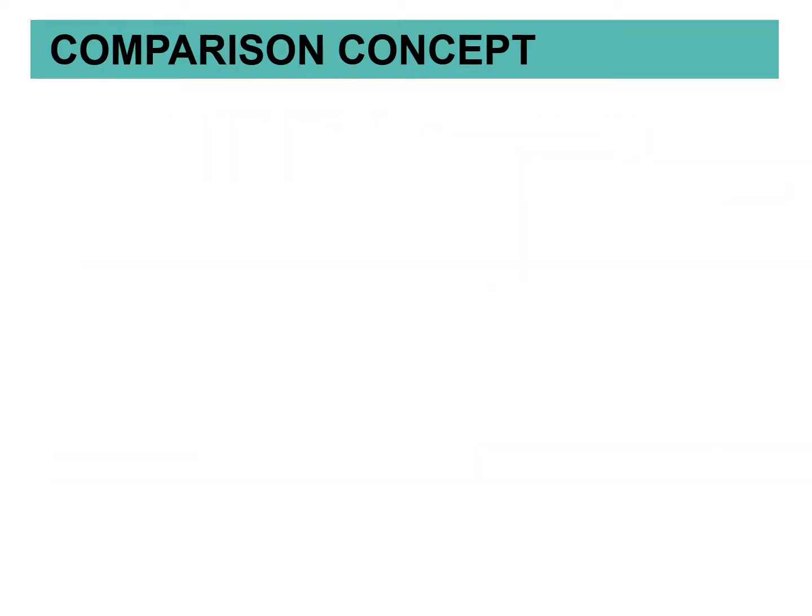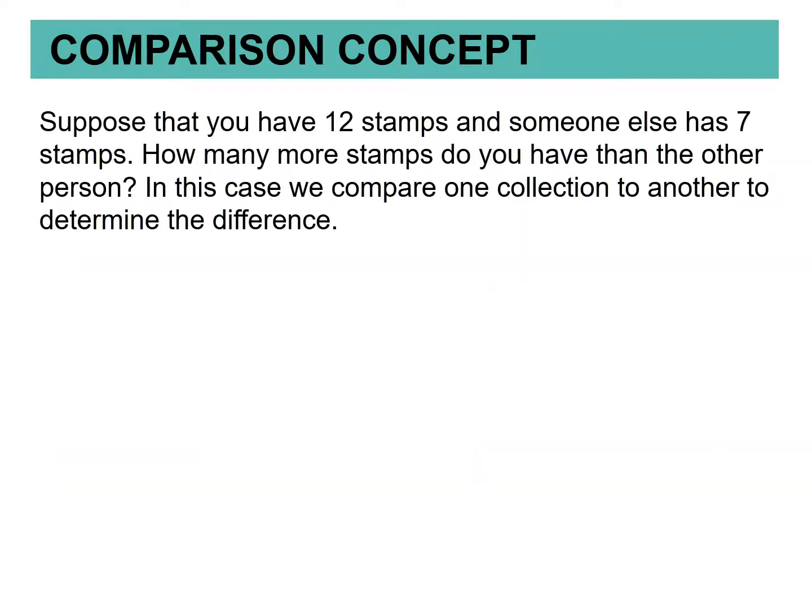So here's one with a comparison. Notice the wording is a little bit different. Suppose you have 12 stamps and someone else has 7 stamps. How many more stamps do you have than the other person? So you're comparing the number of stamps each person has.